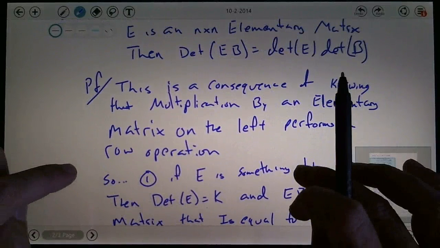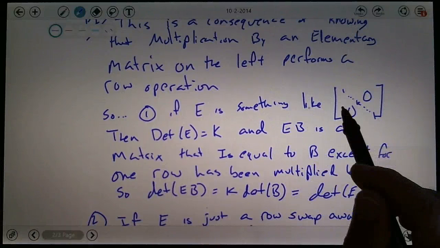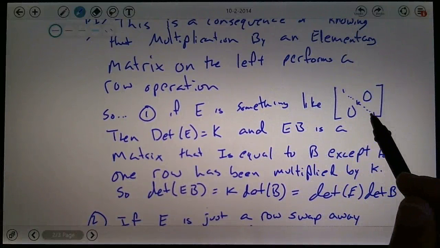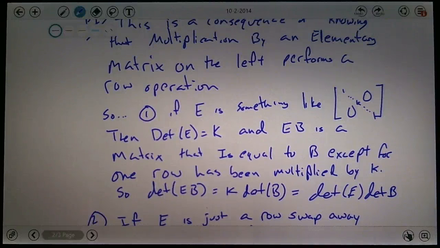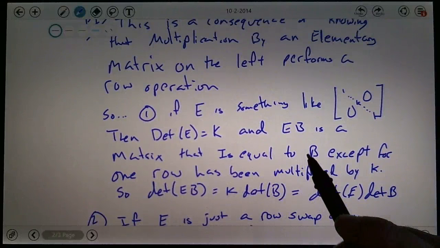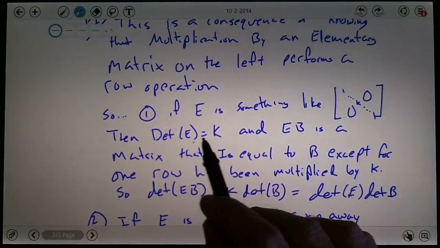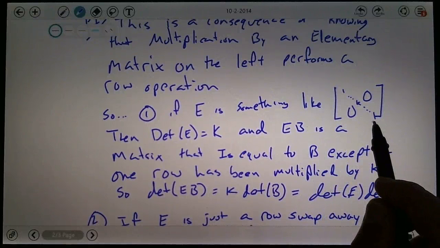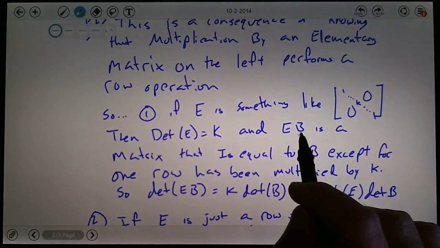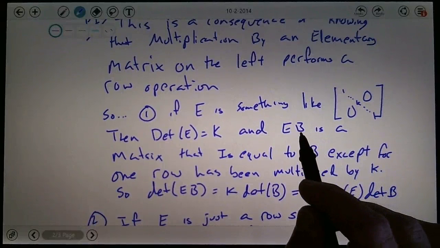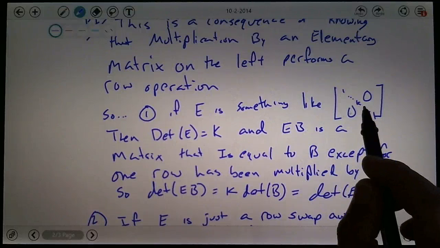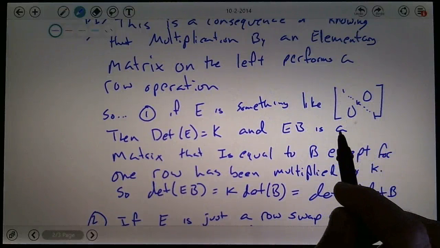For instance, if E is something like this, where you've taken an identity matrix and multiplied one of the rows by a constant k, then, well, first of all, the determinant of E is equal to k, and E times B is just the matrix you get when you start with B and multiply the same row by k.